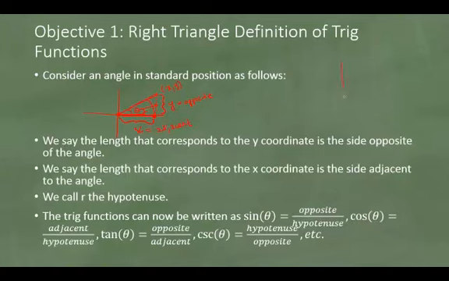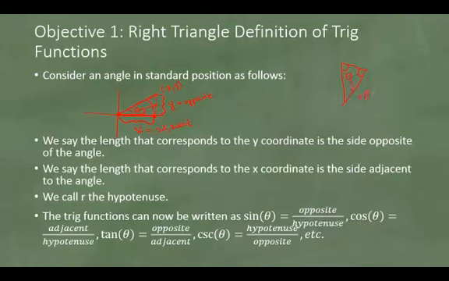So if we have a triangle, let's say it looks something like this, where our right angle is on this side, and we're talking about this theta here. The side opposite of that theta would be this side.